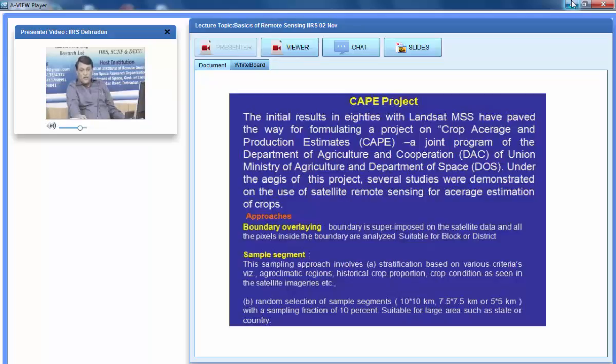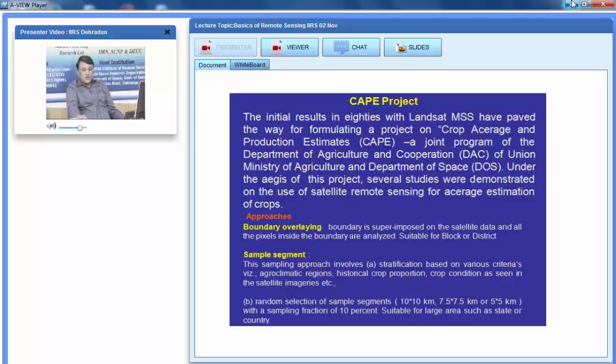So here one has to take a viable or versatile approach, that is the stratified sample segment approach, which involves stratification based on various criteria. First, the whole country, or the whole state, is divided into different kinds of strata. These strata are based on agroclimatic region, or they may be based on the historical crop proportion, based on the previous history of the Bureau of Economics and Statistics, where district-level data is available.